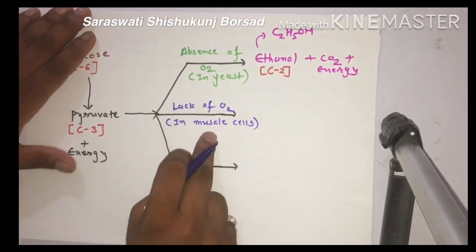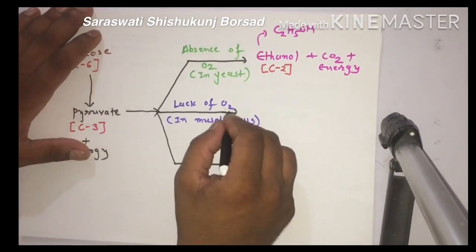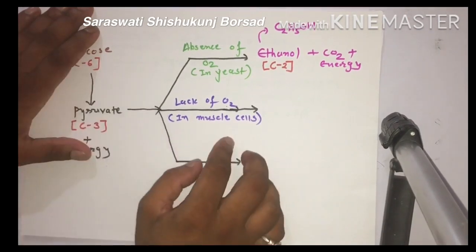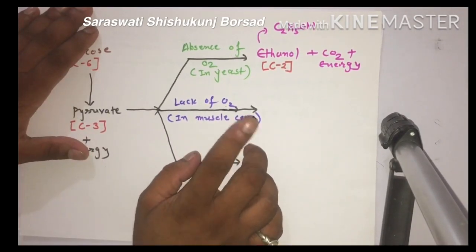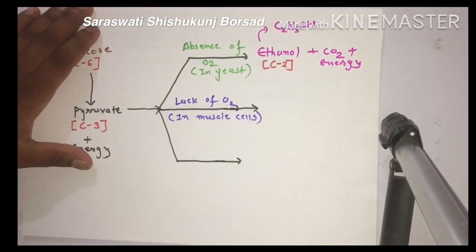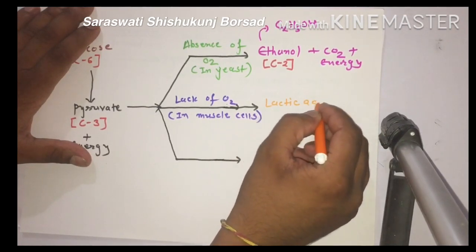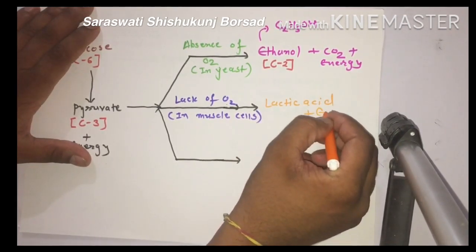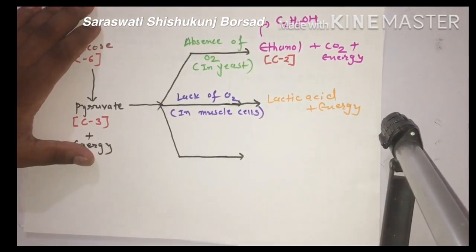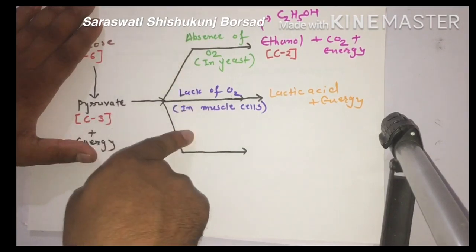If it is done in muscle cells and in lack of oxygen, then, as we have discussed in lactic acid fermentation, we are going to get lactic acid plus energy.